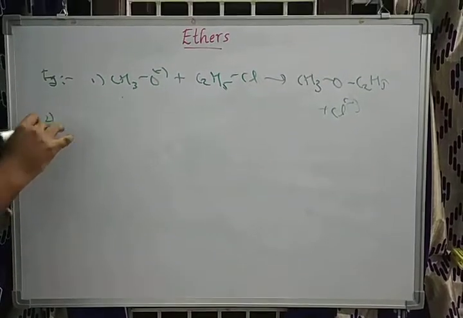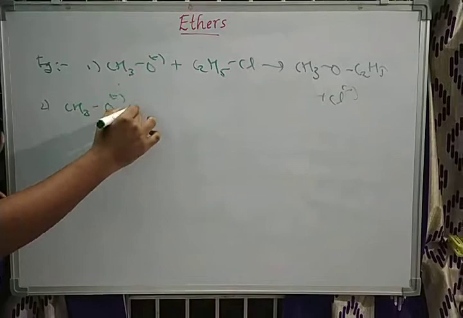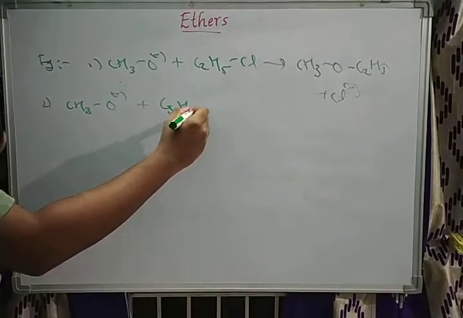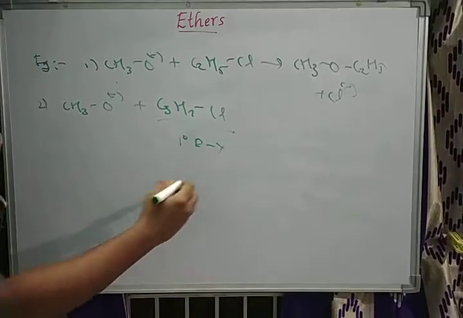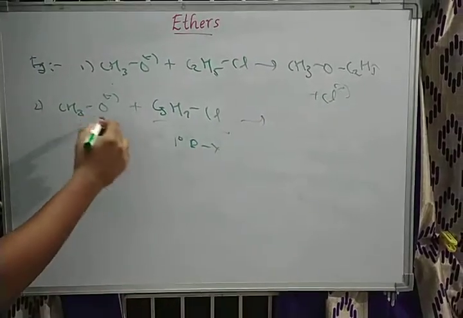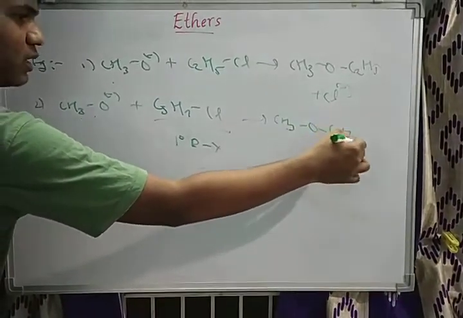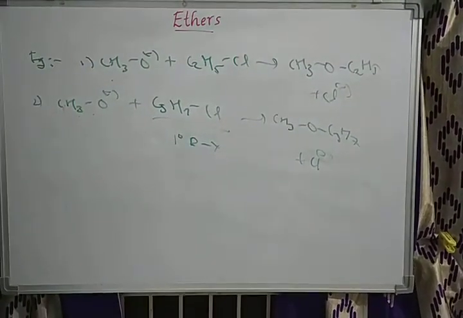The second example is CH3O minus plus C3H7Cl, a primary alkyl halide, that gives you CH3OC3H7 plus Cl minus. In such a way it follows.